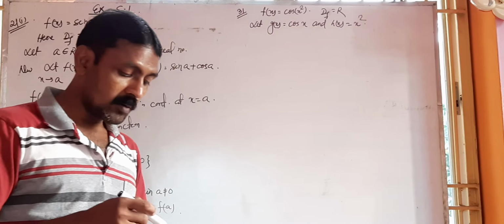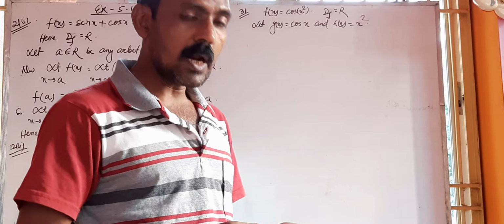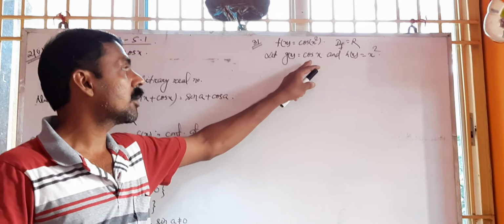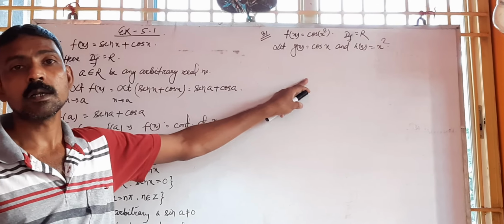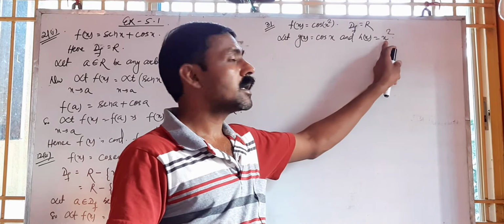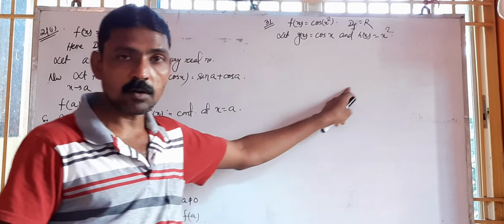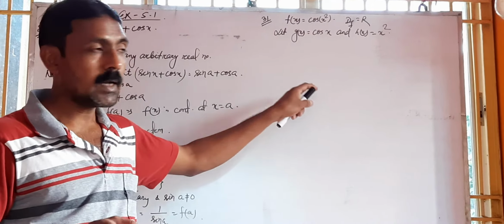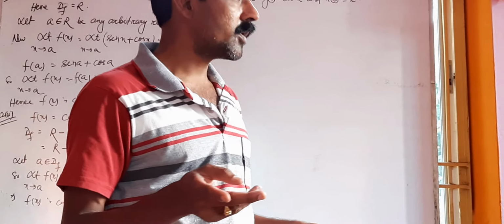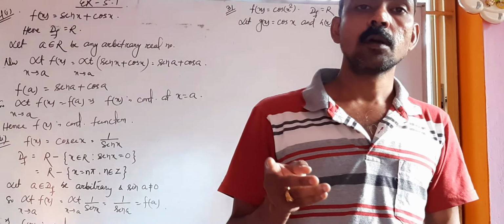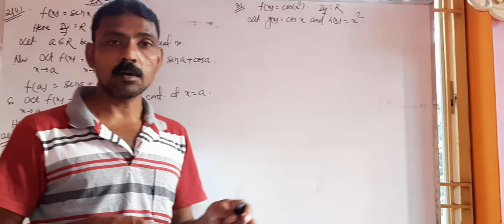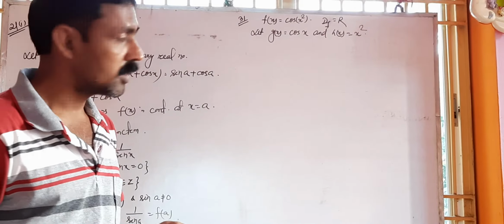Now if you go back to the standard continuous functions, we have mentioned that every trigonometric function is continuous in their respective domain. Every algebraic or polynomial function is also continuous. Then again, at the last, on continuity of composite function, what we have discussed: if two functions are continuous, then their composition is also continuous.